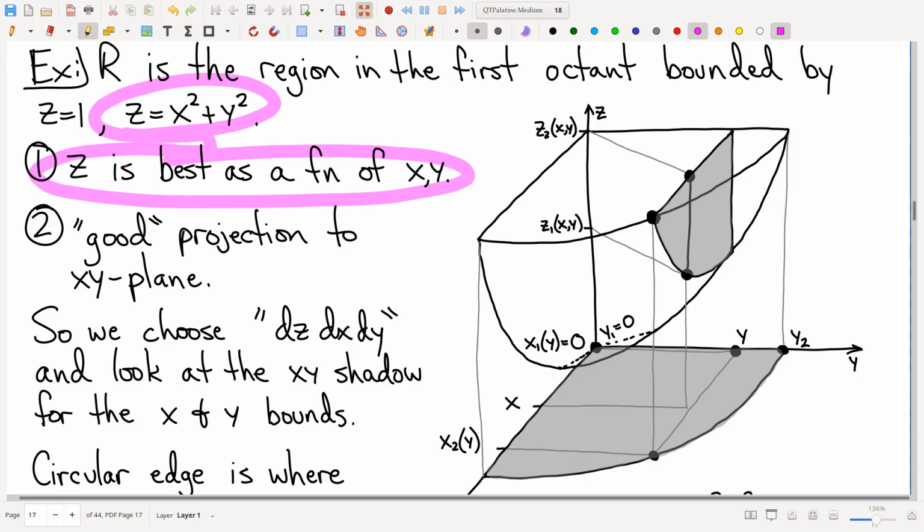And I don't like it when square roots get into my inside bounds, because then square roots will get into my eventual integrands, and square roots and integrands are a huge negative. So I think this right here is pretty good motivation to put dz on the inside, because that's the one that I want to be solving for, because that's the one that is most easily a function of the other 2. Is that cool?